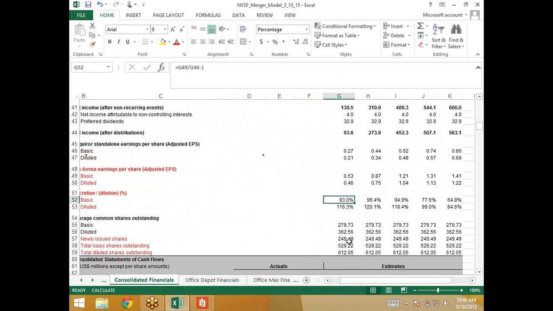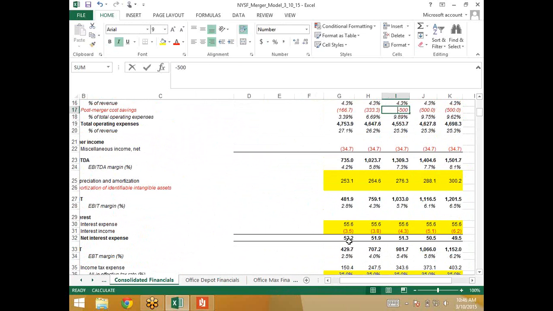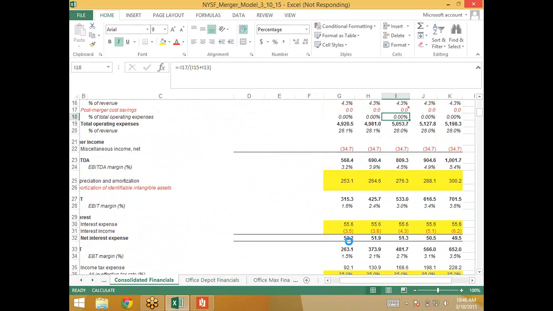It's still pretty high. Why is it high? Synergies. What if I have no synergies? 0. Model goes up.